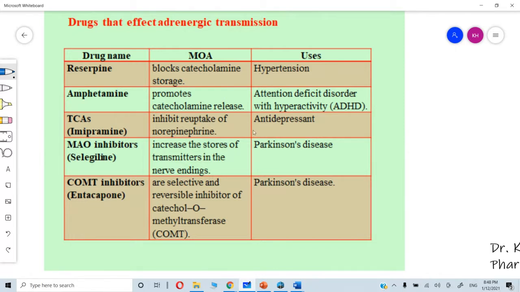It is used as an antidepressant for depression. Monoamine oxidase inhibitors, for example selegiline, increase stores of transmitter at the nerve ending and are used for Parkinson's disease. The last one is COMT inhibitors. Example: entacapone, used for Parkinson's disease, is considered a reversible inhibitor of COMT, which stands for catechol-O-methyltransferase.